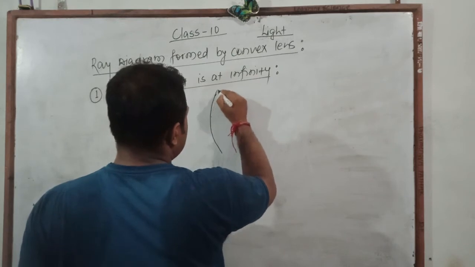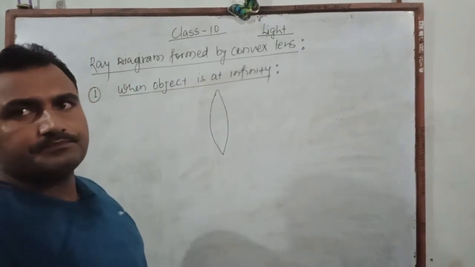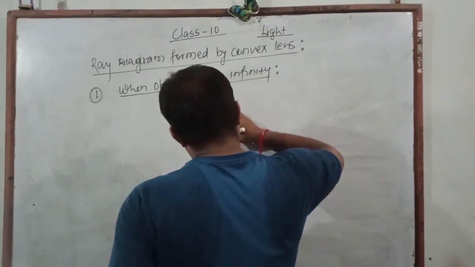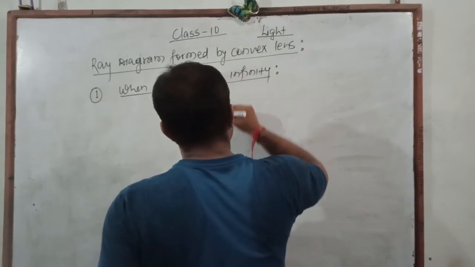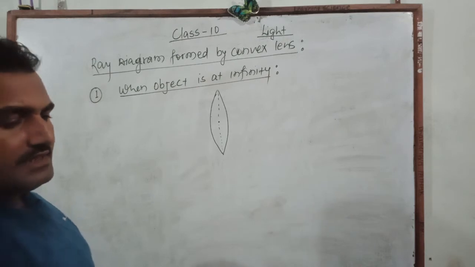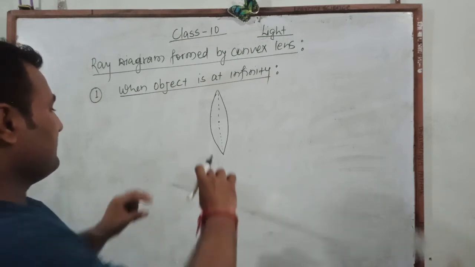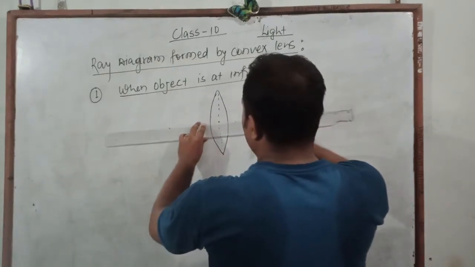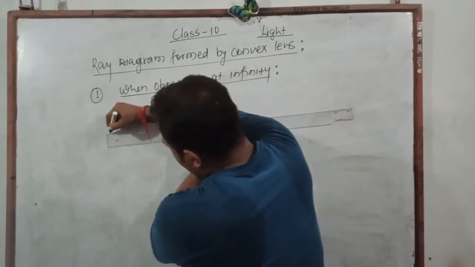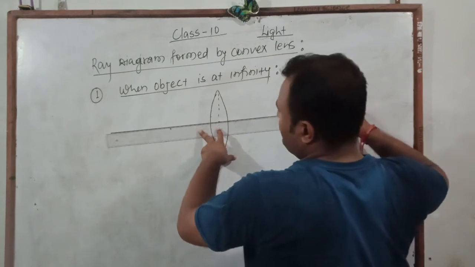Suppose this is our convex lens, and then we mark the optical center, or central part of the lens, and then we extend a straight line, which is known as the principal axis, on either side of the lens.